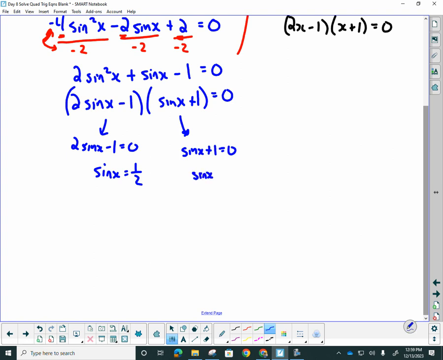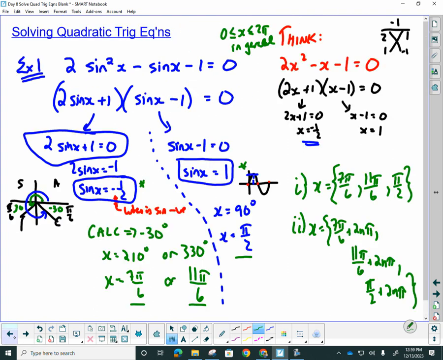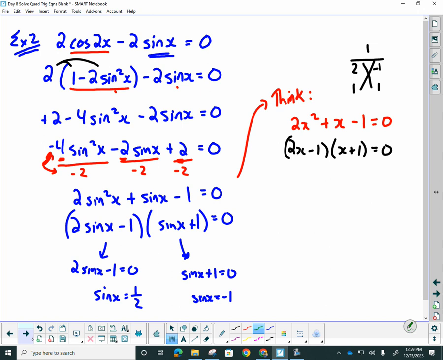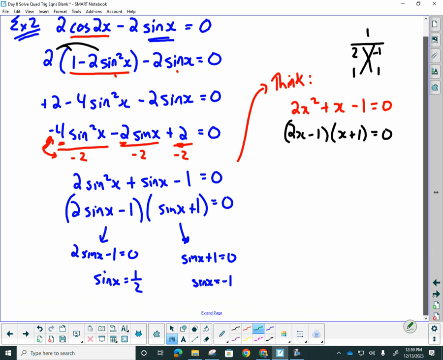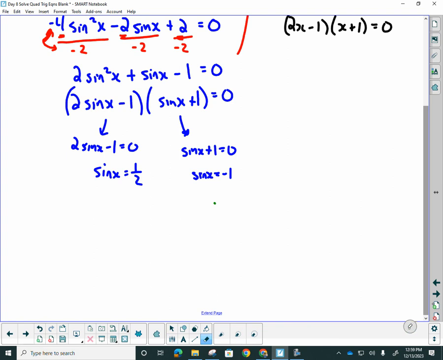So I want to know when sin x equals -1. And the rest of this question is going to be almost identical to what we did in the last video. But of course now the sin x is positive, and it's -1 instead. So I'm going to quickly buzz through the last part because it's the same as the question we did a second ago, and it's also what we did yesterday. So when is sine positive?